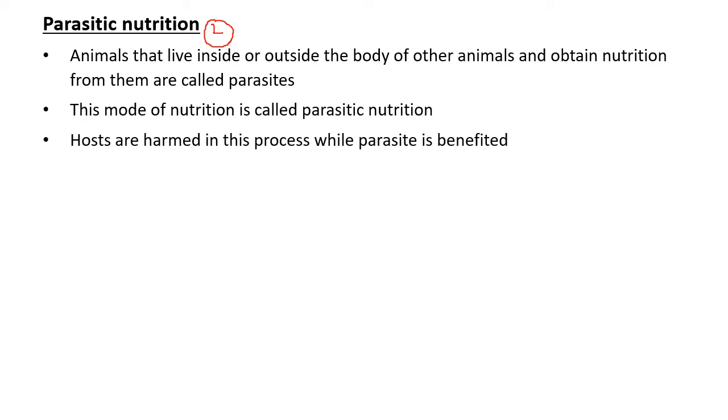How do they obtain their nutrition? They either live inside the body of another animal, or outside the body, and they take nutrition from that animal. That animal is called the host. So the second organism is called the host. In this case, hosts are harmed and parasites are benefited.